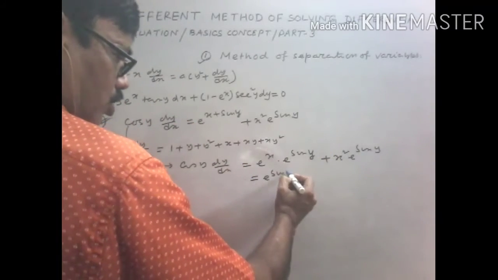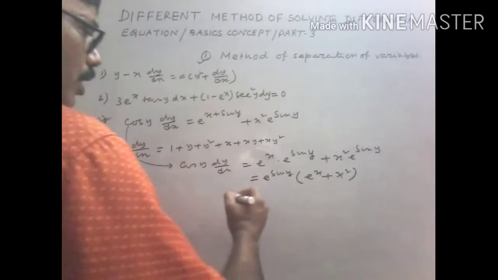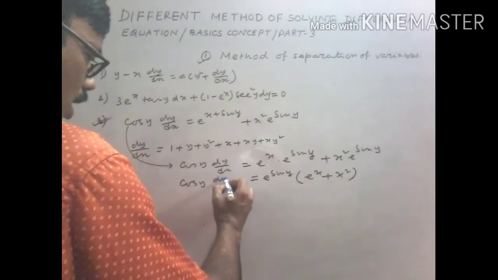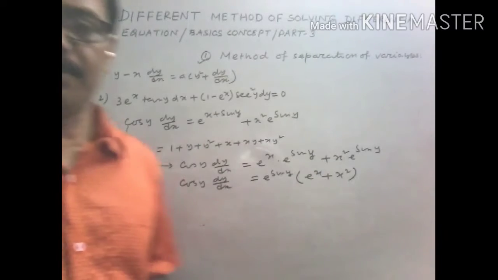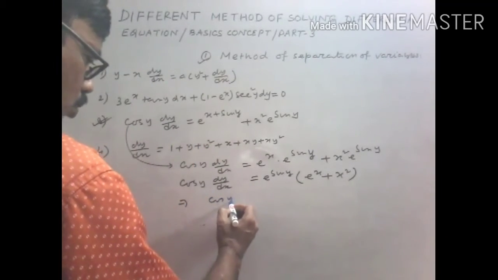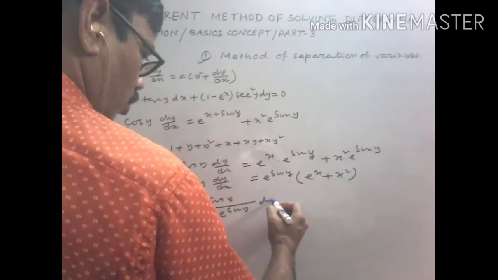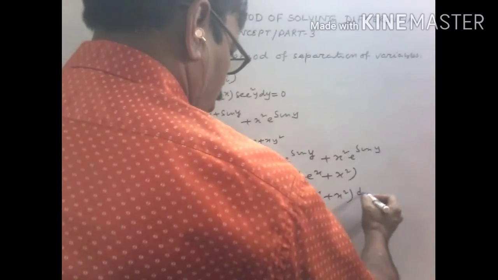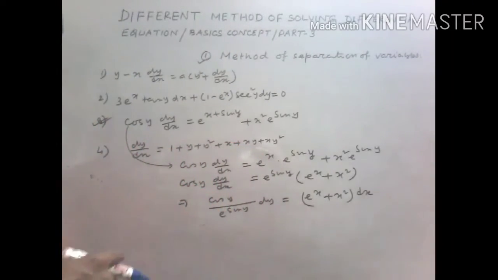So e to the power sin y is common, e to the power (x plus x square). Now we separate the variables. So cos y by e to the power sin y into dy equals e to the power x into x square into dx. So here the variables are separated.